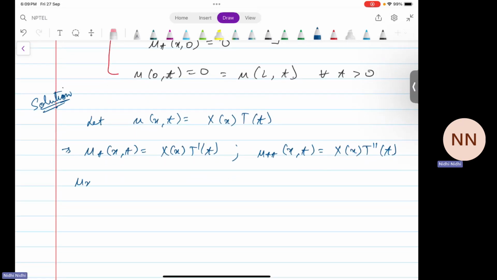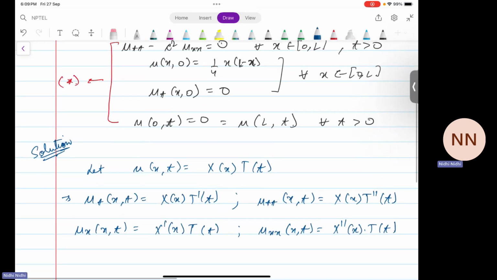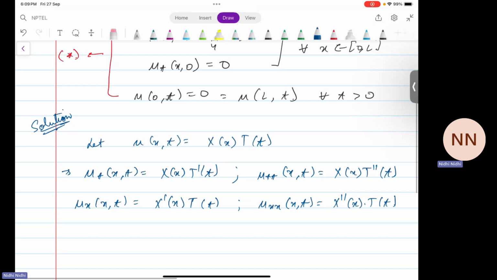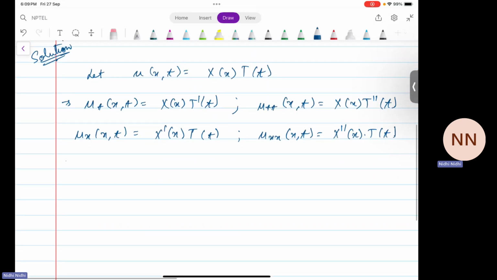Similarly, for the partial derivative with respect to x, it will be the derivative of X times T as it is, because T is independent of x. Similarly, u_xx will be X double derivative and T as it is. Now we have some conditions. u(0,t) equals 0 by star.